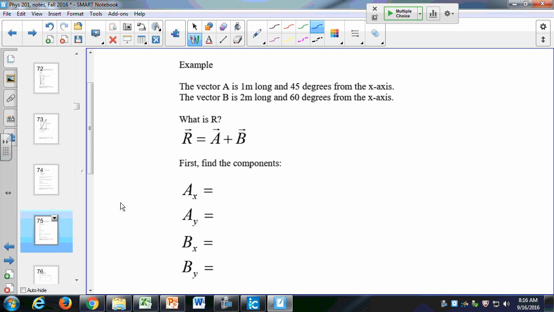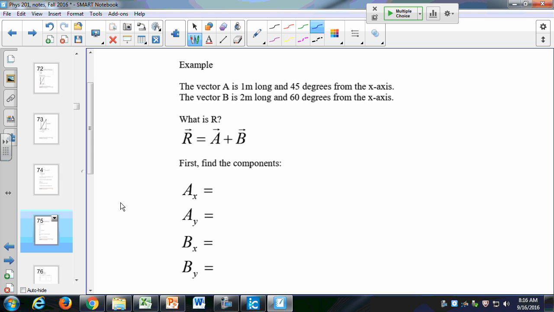AY, in a similar way, is A sine theta. And it's going to be equal to what? If I have an angle at 45 degrees, what kind of triangle does that make? A right triangle, but also a what?